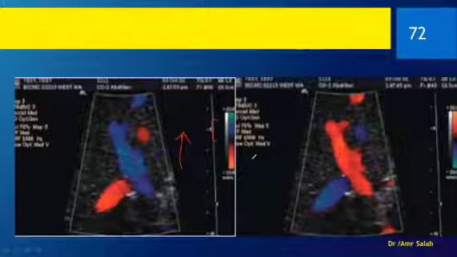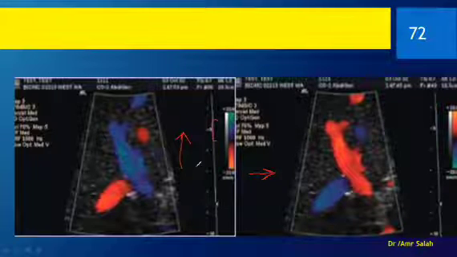So if the situation is like this, simply deactivate the invert function, however it is labeled and works in your machine, and it would return like this.